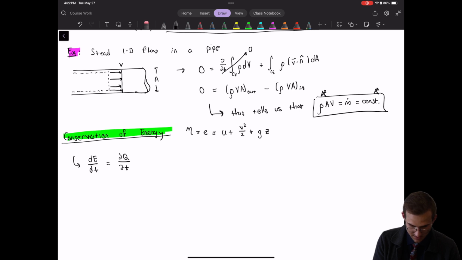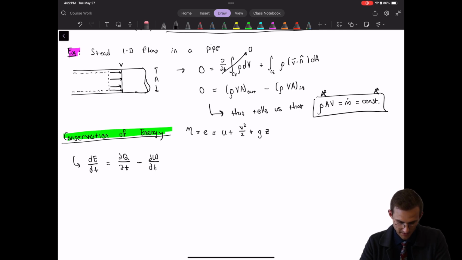minus the partial derivative of work with respect to t. Okay. Again, keeping in mind that these are path functions here, so these are weird derivatives, but still the same idea.